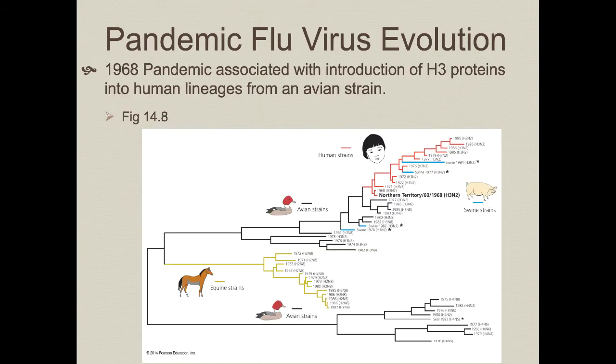And the 1968 pandemic was associated with one of these situations where we got an introduction of H3 proteins from an avian strain into human lineages. So if we look here, the different colored branches indicate viruses that typically infect horses in the greenish yellow.